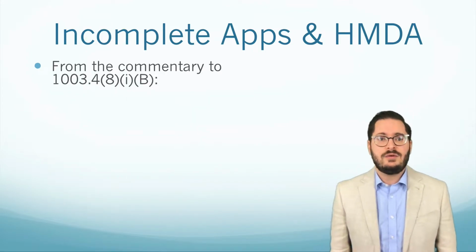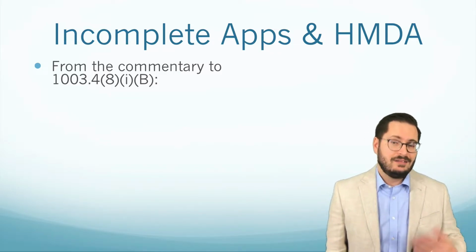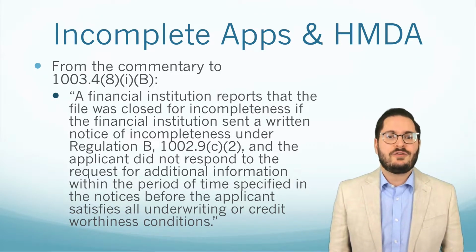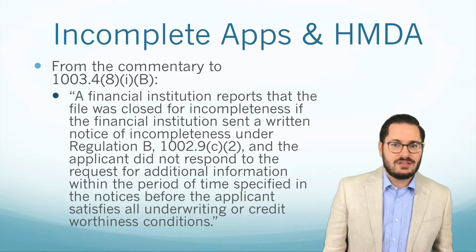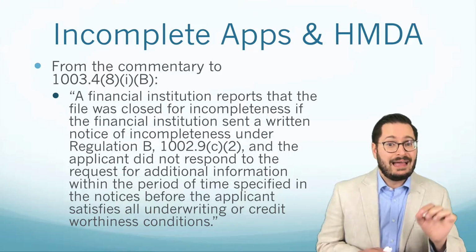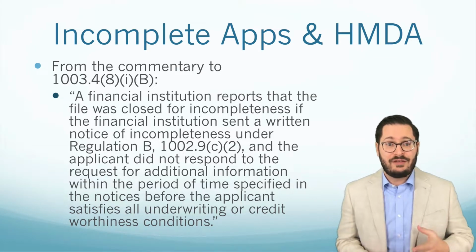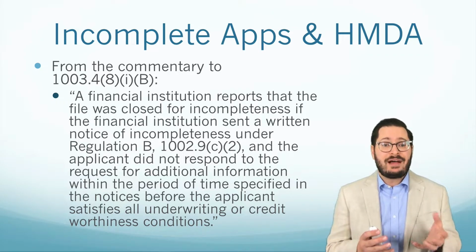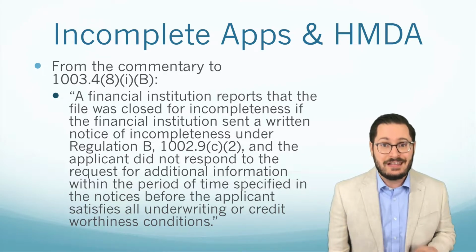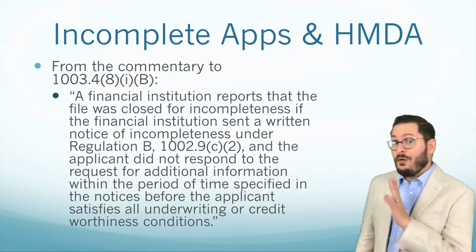Now, from the commentary to 1003.4(a)(1)(i)... 1003.4(1)(B), which of course is Regulation C, the HMDA rule, it says a financial institution reports that the file was closed for incompleteness if the financial institution sent a written notice of incompleteness under Regulation B 1002.9(c)(2) and the applicant did not respond to the request for additional information within the period of time specified in the notice before the applicant satisfies all underwriting or creditworthiness conditions. So that is what HMDA is telling us to do. That is a mouthful. So what is this saying?